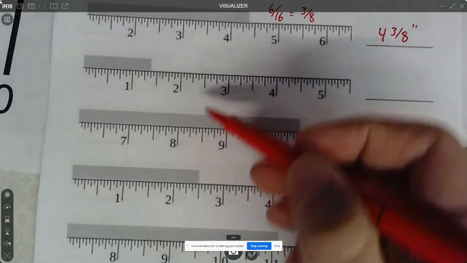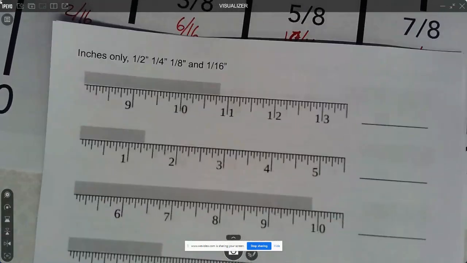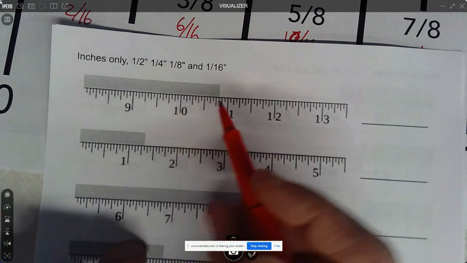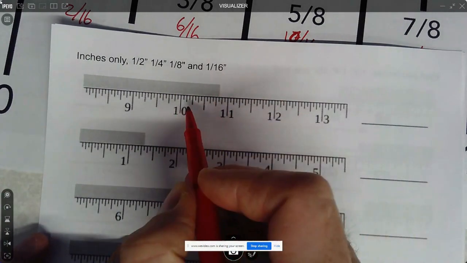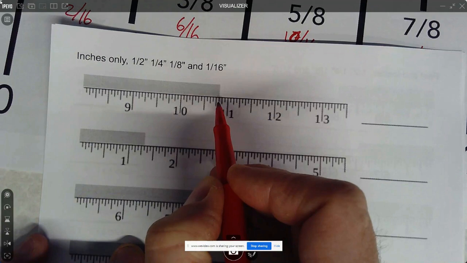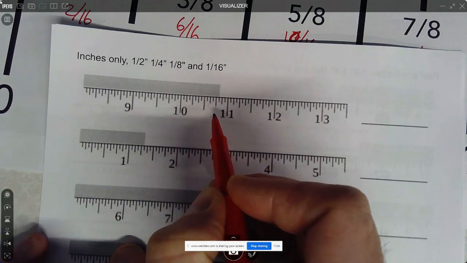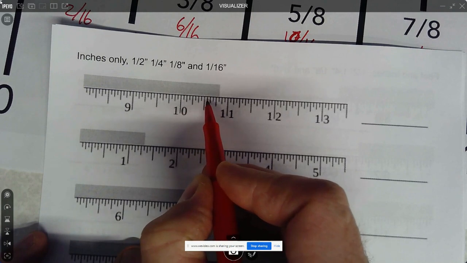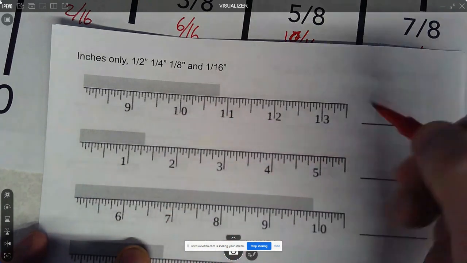And so there are a number of more problems for you to go over. I'll skip to this one just because it's the same thing, just inches, but it goes down to the 16th of an inch, and you'll see that on the very first problem. You see 10, and it goes to the smallest tick mark, which is a 16th of an inch. So either you just count them: 1, 2, 3, 4, 5, 6, 7, 8, 9, 10, 11, 12, 13.